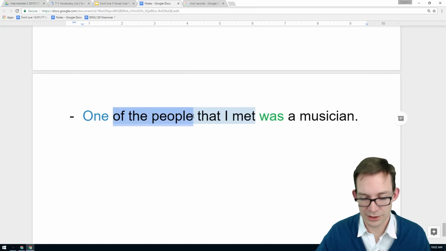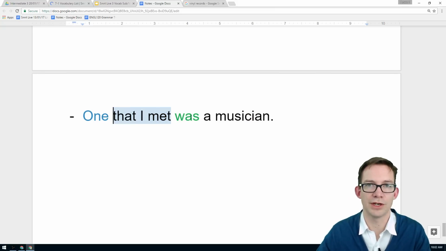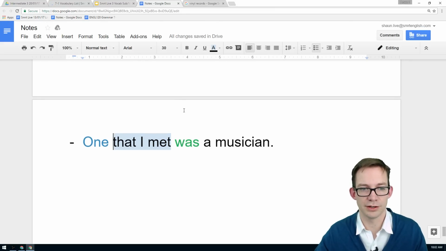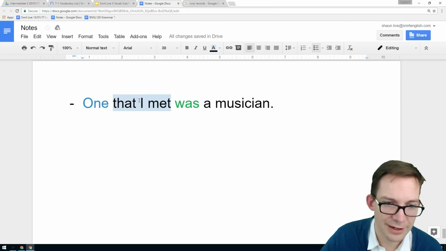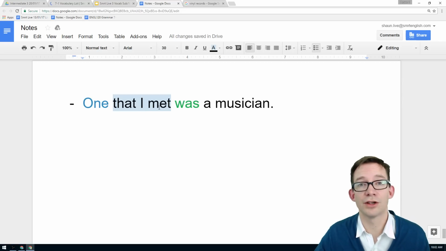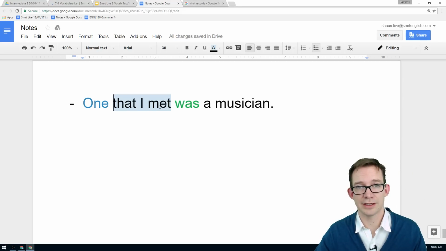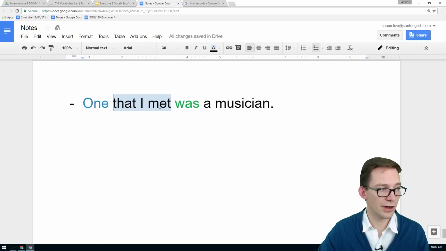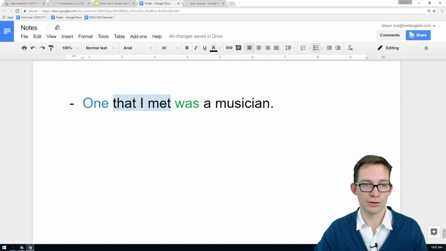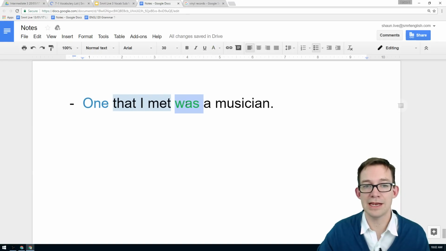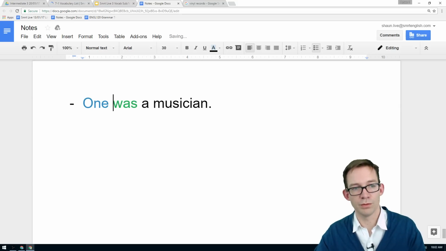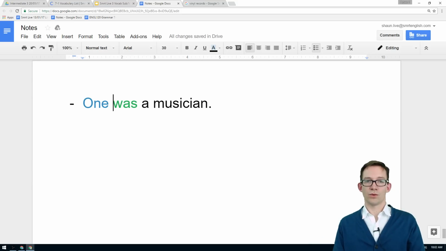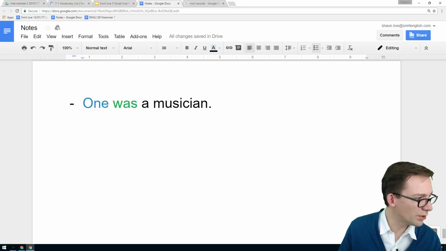So if you just take that away, because that's not your subject, that's just extra information. Okay? That I met is a clause, right? That's an adjective clause. And again, that's not connected to the subject and the main verb of that sentence. This could be removed. So one was a musician. One was a musician. That's your main clause right there. One meaning person.